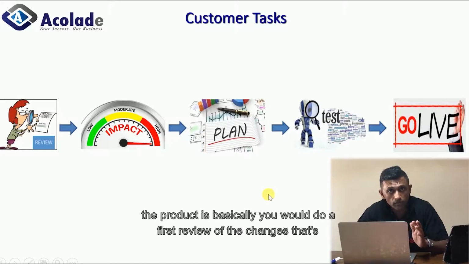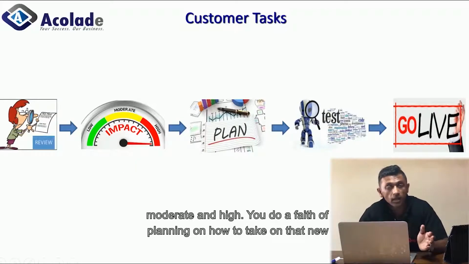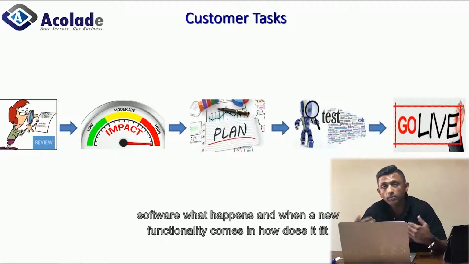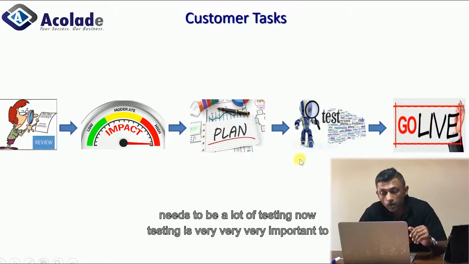Now, some of the typical tasks that a customer would take on with the product is basically you would do a first cut review of the changes that's coming in, do a complete impact analysis, go through a prioritization of low, moderate, and high. You do a fair bit of planning on how to take on that new software, what happens when a new functionality comes in, how does it fit into the existing functionality. So there's a fair bit of planning that needs to be involved. A lot of testing.